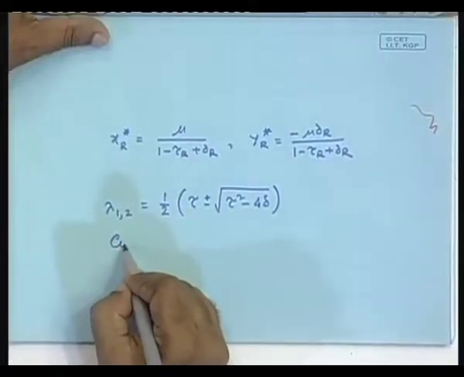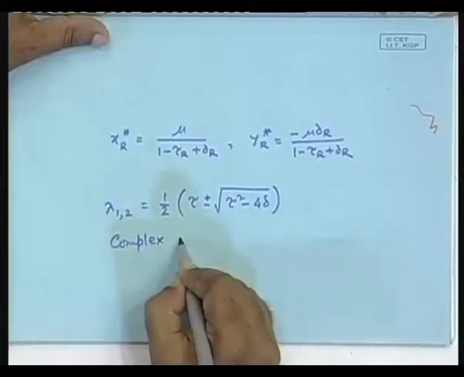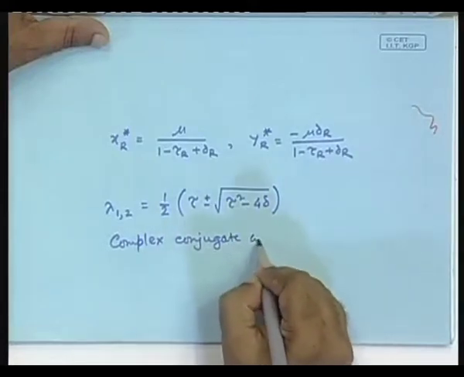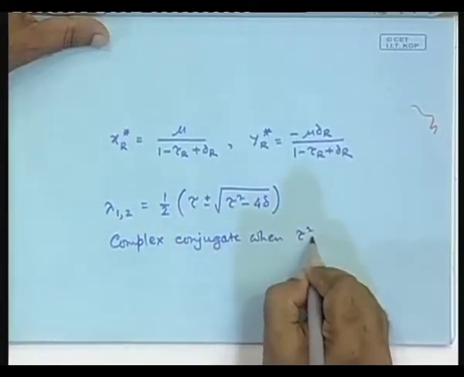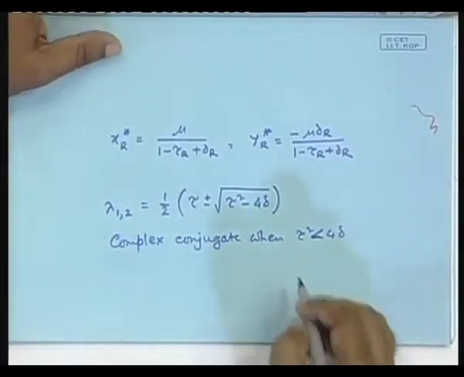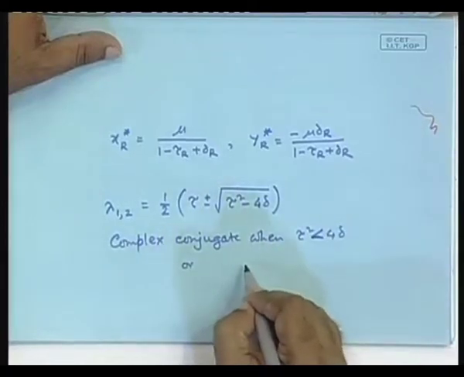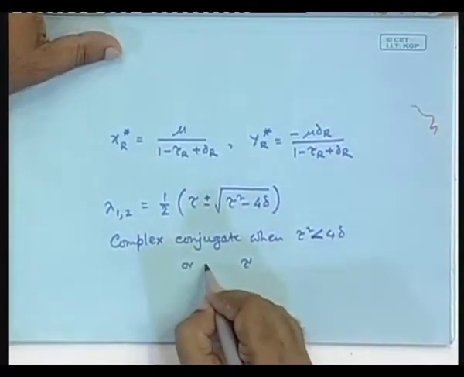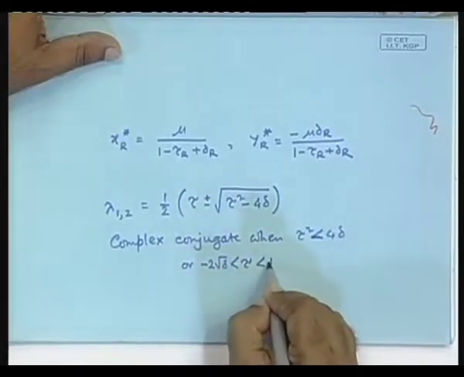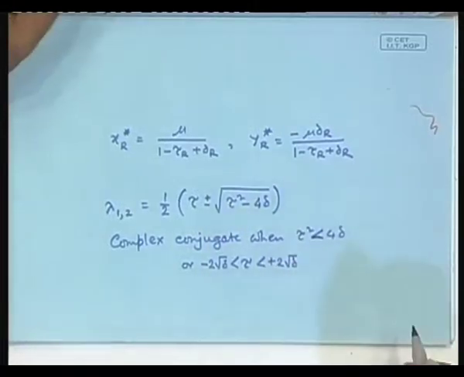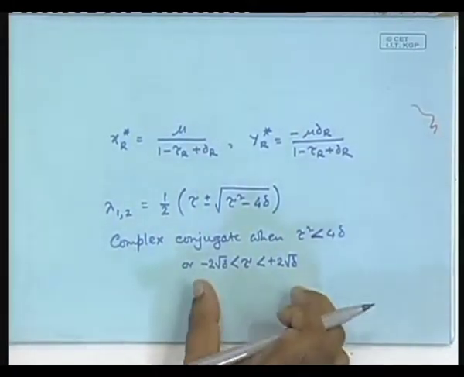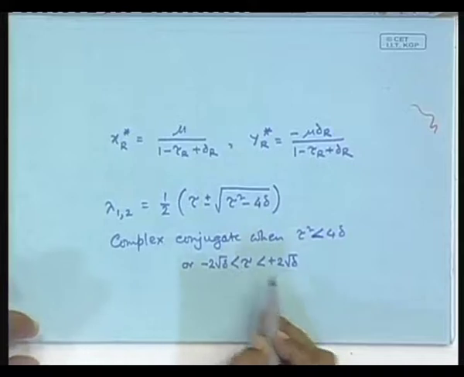So, complex conjugate, or tau lies in between minus 2 root delta and plus 2 root delta, same thing. So, it becomes complex conjugate only when the relationship between the trace and the determinant is like so.